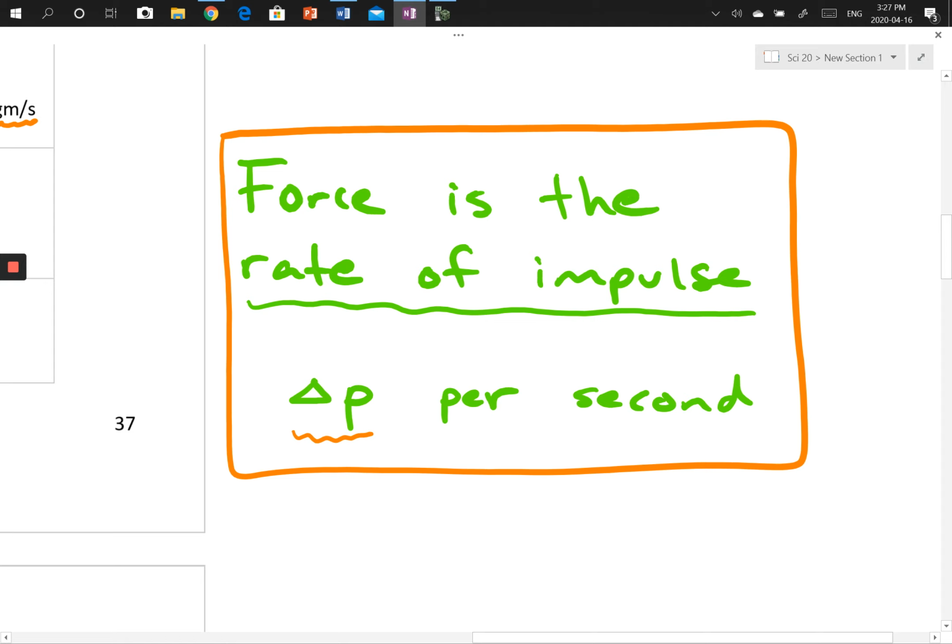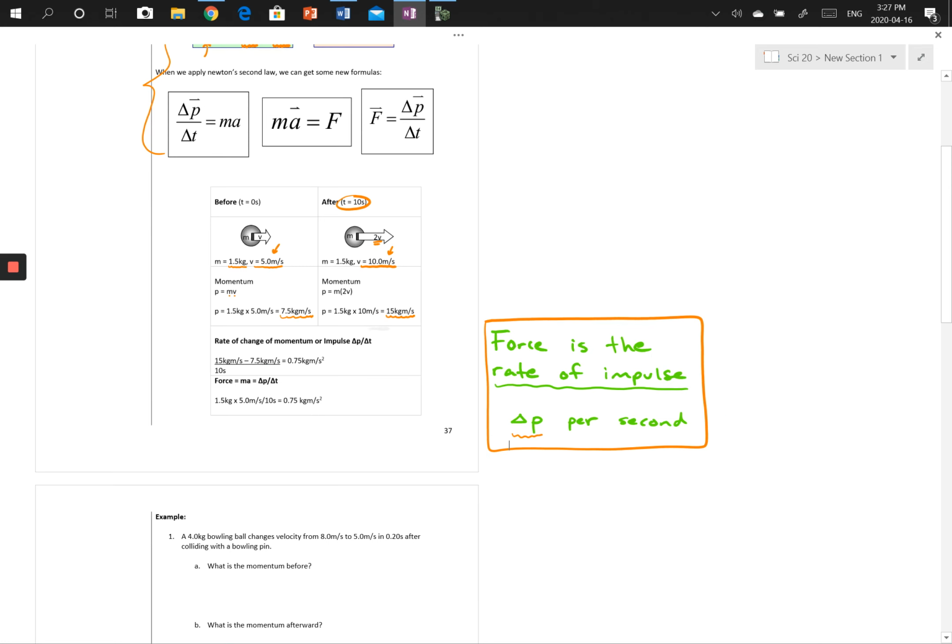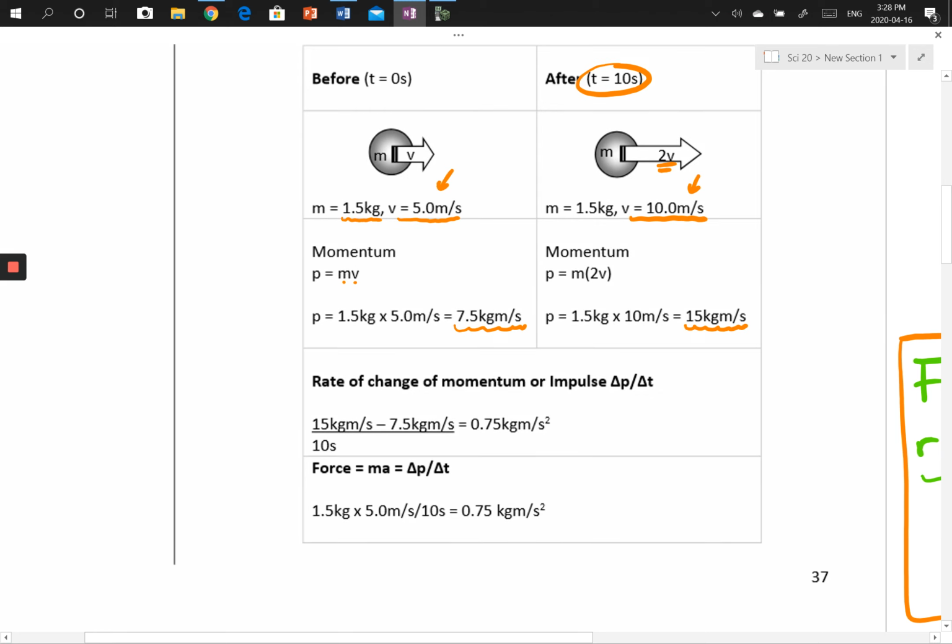So it's basically how fast or how slow my momentum changes is going to greatly affect the amount of force. If I want my momentum to change very quickly, I'm going to have to apply a lot of force. If I want my momentum to change more slowly, I'm going to be able to apply less force.